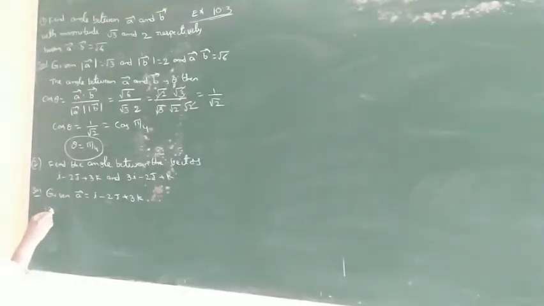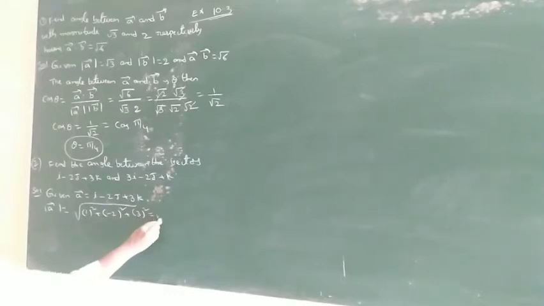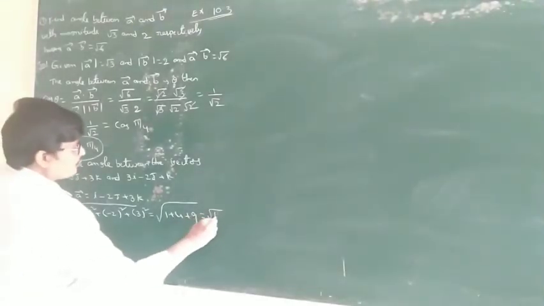Mod a bar is the magnitude, because of the cos theta formula: a bar dot b bar by mod a bar into mod b bar. Magnitude of a is root of 1 whole square plus minus 2 whole square plus 3 whole square, that is root of 1 plus 4 plus 9, which is root 14.